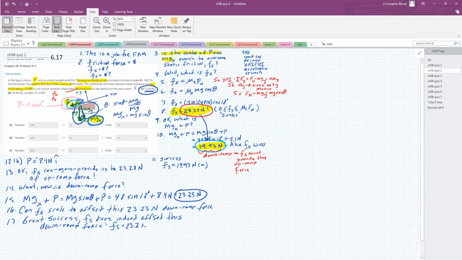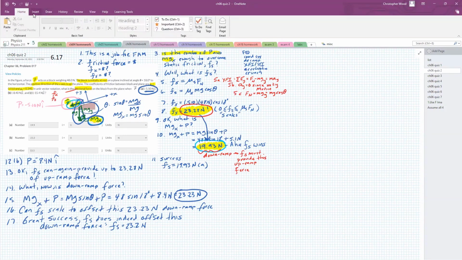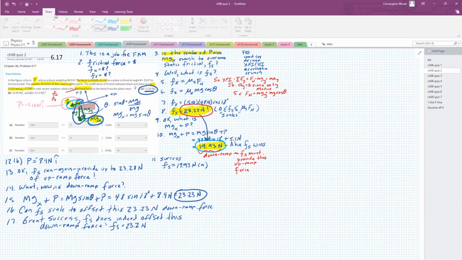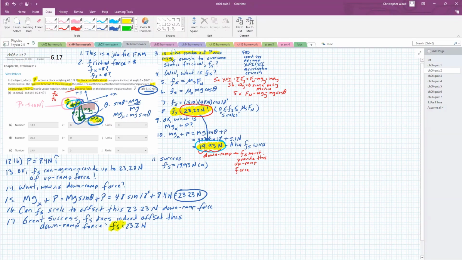So again, this is the trickiness or the challenge with static friction. Static friction is scalable. It grows only to what it needs to be to keep everything motionless until you exceed its limits.